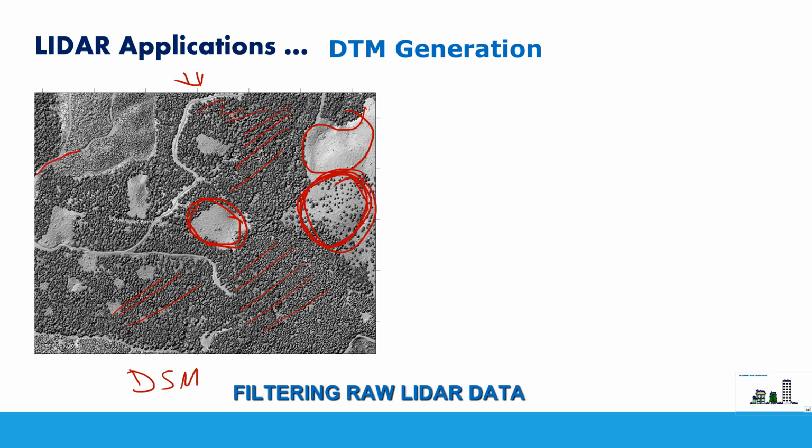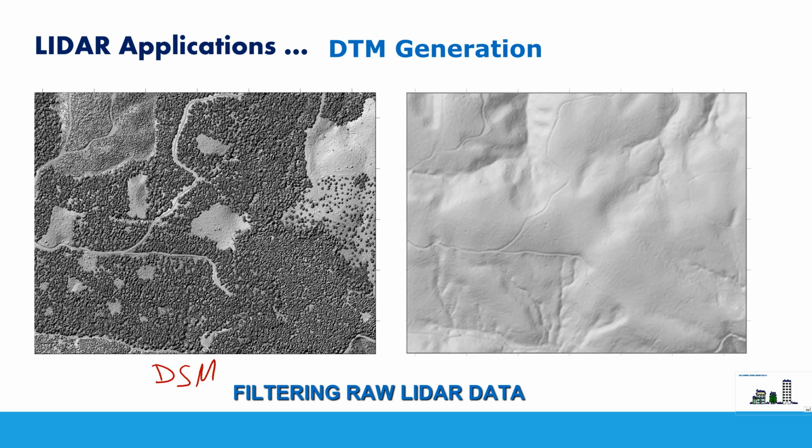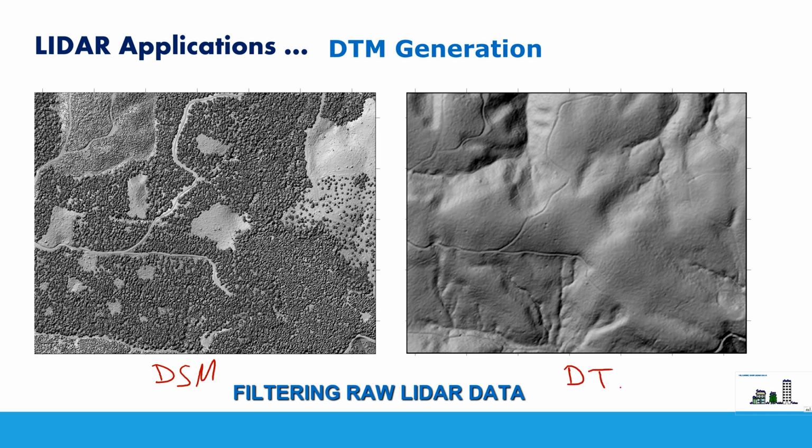Here I can see a valley, yeah, and some roads through the forest, etc. So after filtering this digital surface model, we can generate a digital terrain model like this one here. If you look at this case here, this is the filtered data. We have just the topography, we have just the terrain, all the trees were filtered and removed from this area.